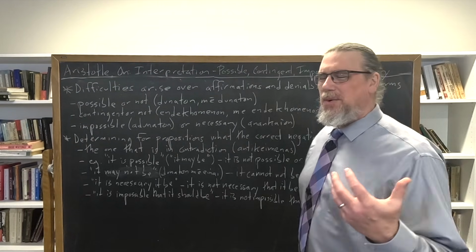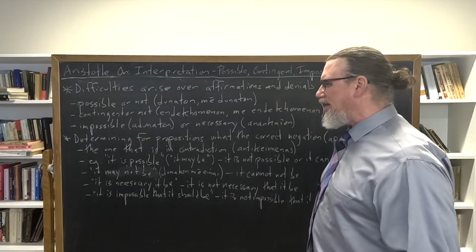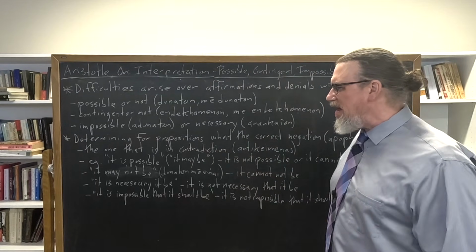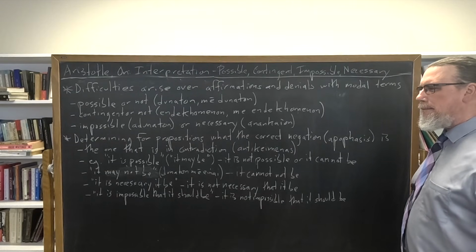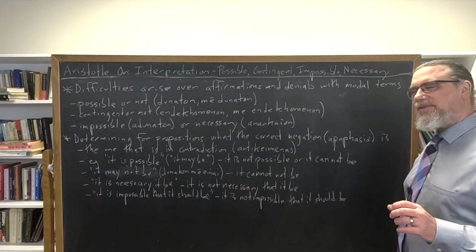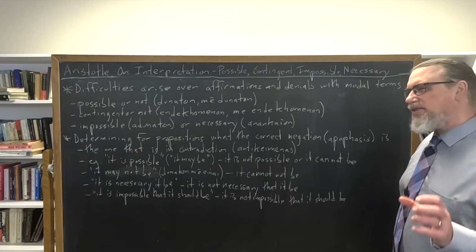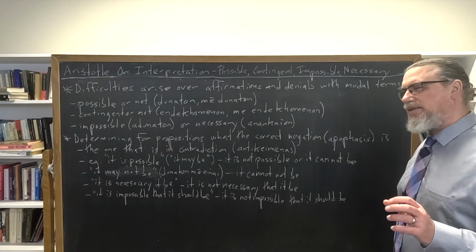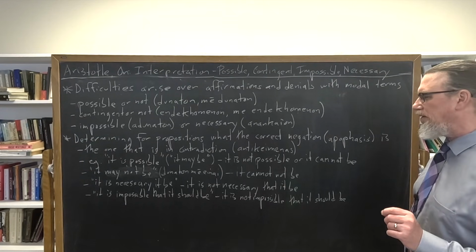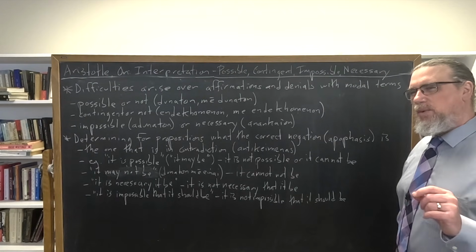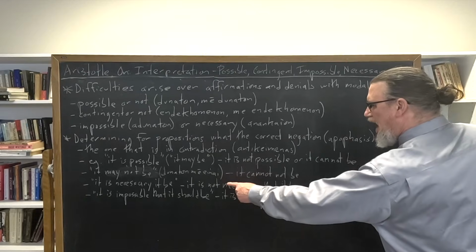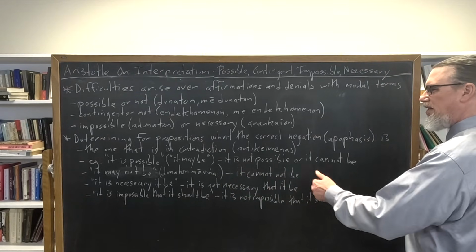What about things that have to do with impossibility and necessity? He says, it is necessary that something be. What would be the opposite of that? Would it be saying it's necessary that it not be? Aristotle says, no, that's not the right way to go with this. What we really want is it is not necessary that it be.